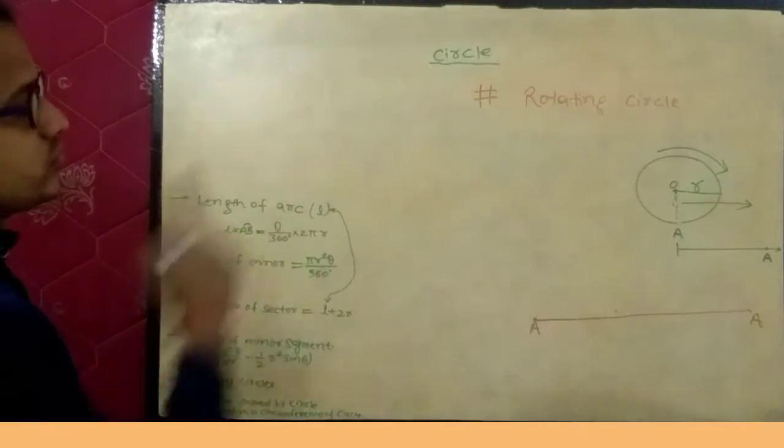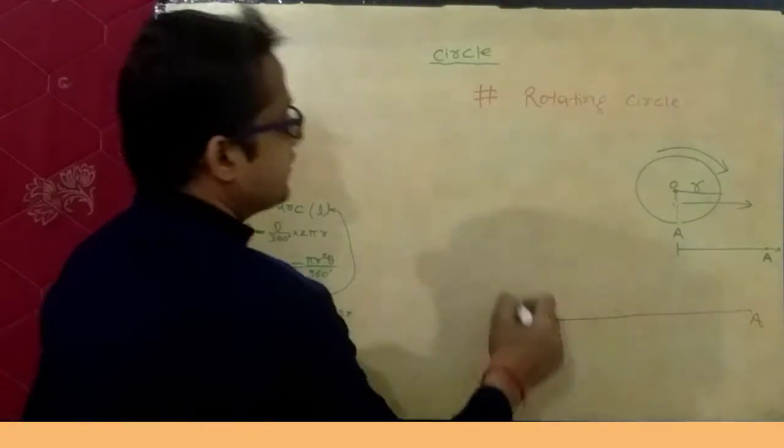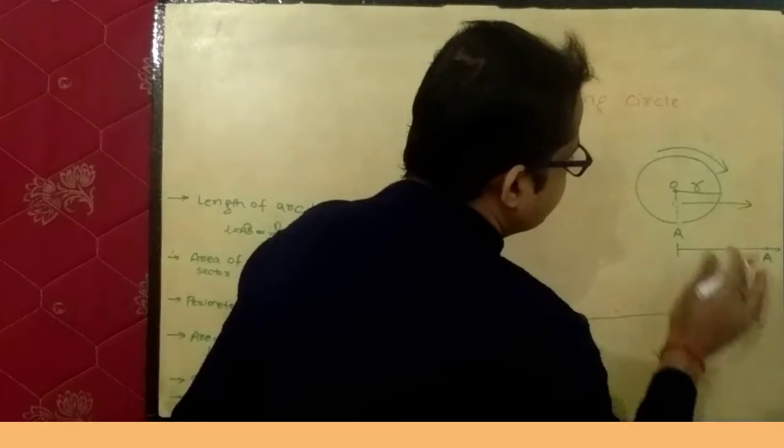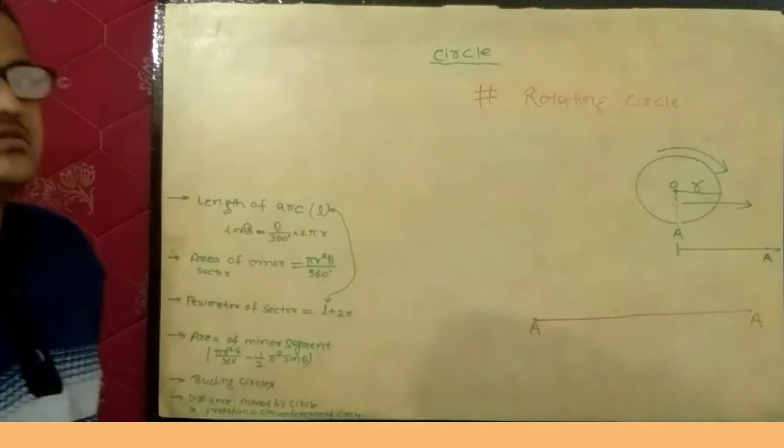So in one complete rotation, a circle will cover a distance equal to the circumference of the circle.